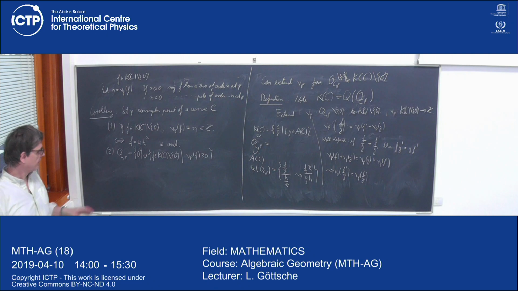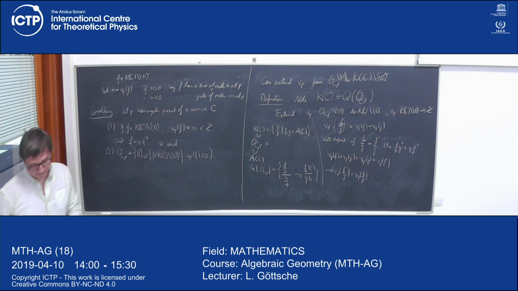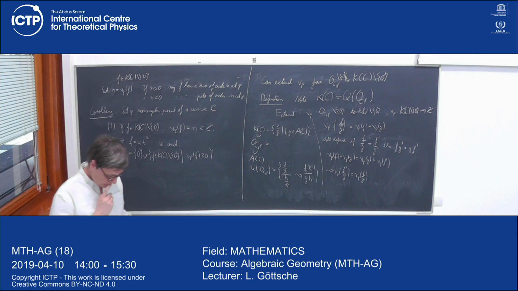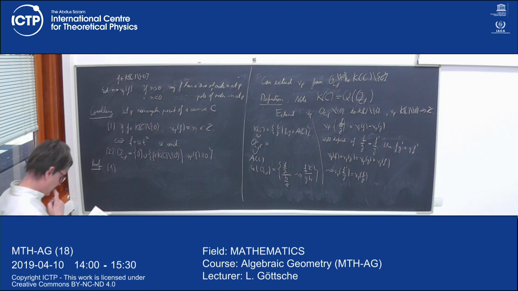So we can characterize being in the local ring by this valuation. Both of these are trivial, but we want to spell them out.